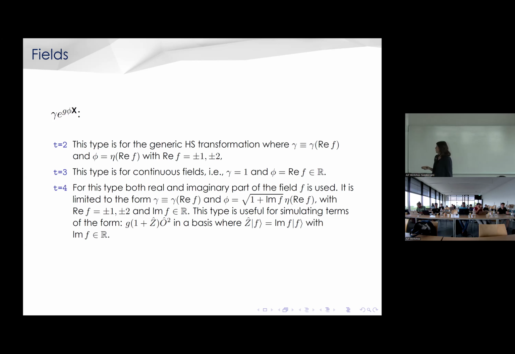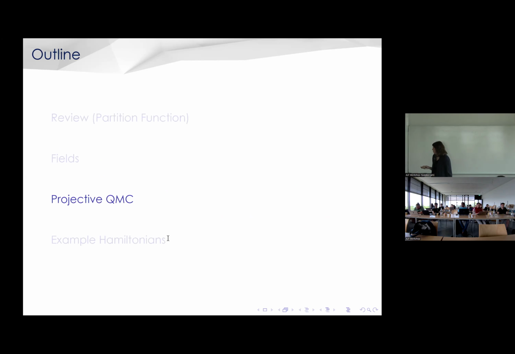But then the imaginary part of F is continuous. It's actually for simulating terms that look like this, where we have a spin that is coupled to a fermionic operator, but a squared one. So it's a quartic type of term where one would need the Hubbard-Stratonovich field in addition to this physical field as well. This is a new type that one can use for the spin spirals, which I'll talk about later.